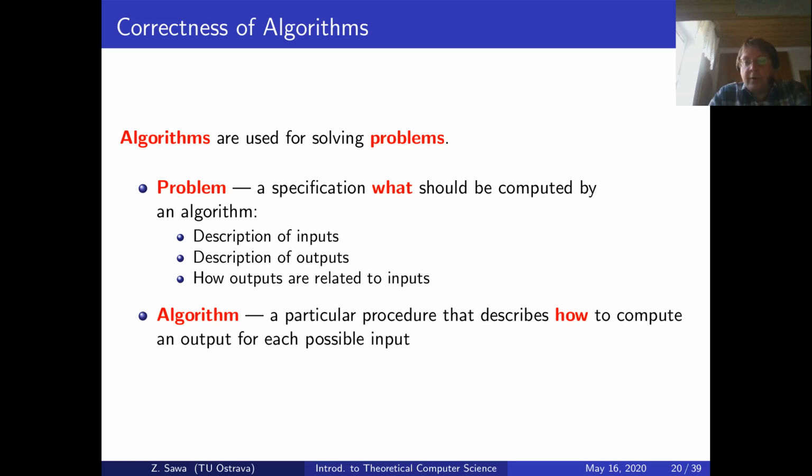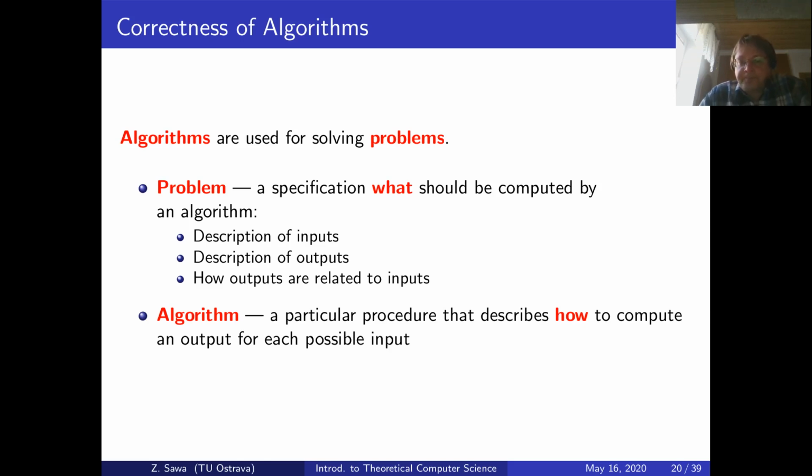On one hand, we can say it on a very high level, like saying we will consider the problem of sorting, where the input is a sequence of elements, an array, and the output is another sequence containing exactly the same elements as the input, but now ordered from the smallest to the biggest.